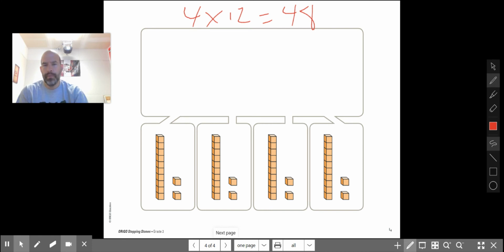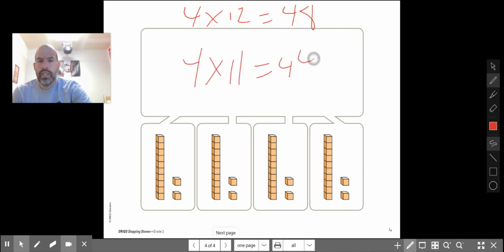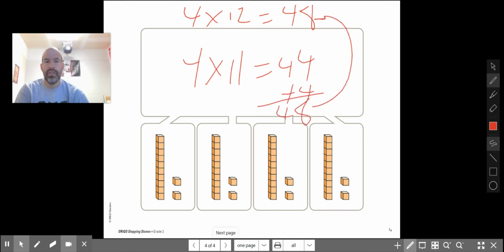So let's say, for example, you know what 4 times 11 is, right? 4 times 11 is 44, because we know any number times 11 is going to double that number, right? So then if 4 times 12, if we add 4 more, we get 48, and you can see that answer right there. Just something to help you think about a way you could also still use multiplication to solve this.